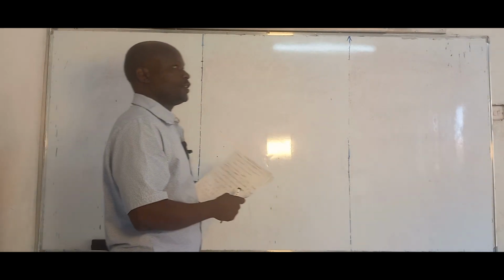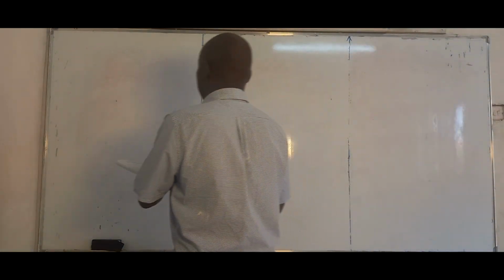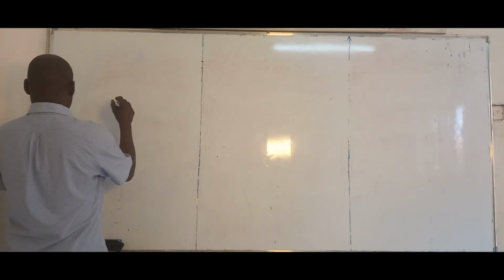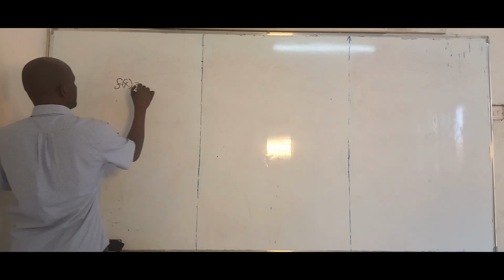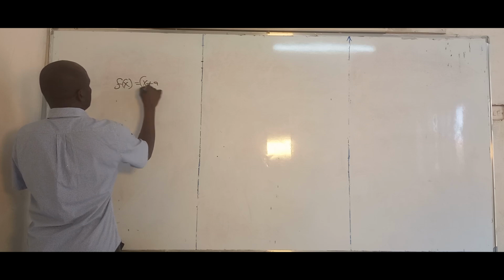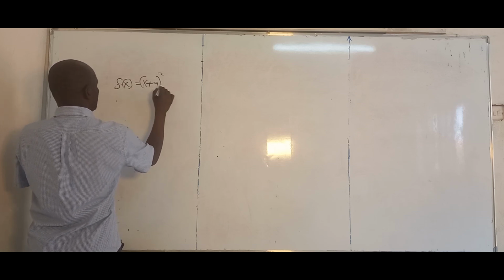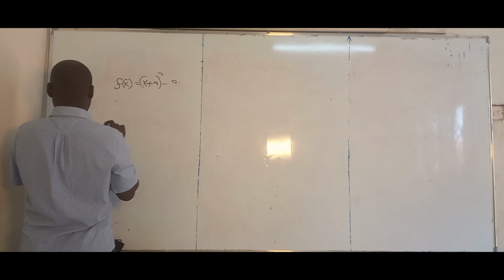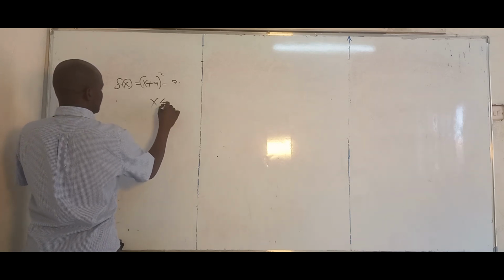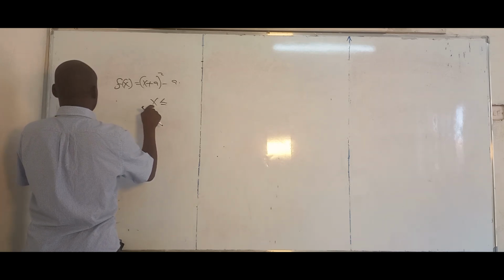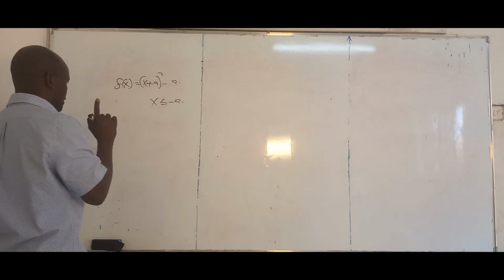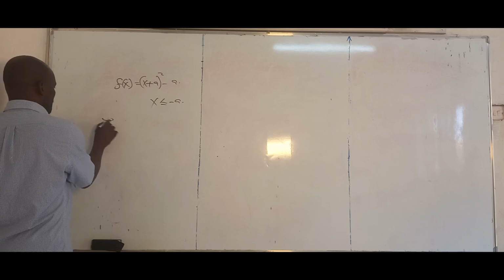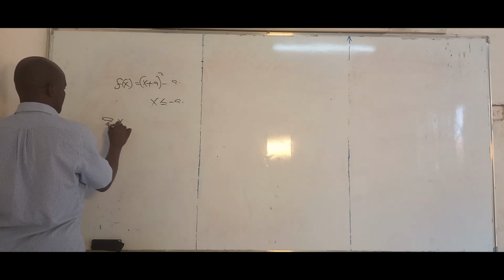In the question, we are given that there are two functions. We have function f of x, which is given by (x plus a) squared minus a, for x less than or equal to negative a. And the other function we have is g of x.